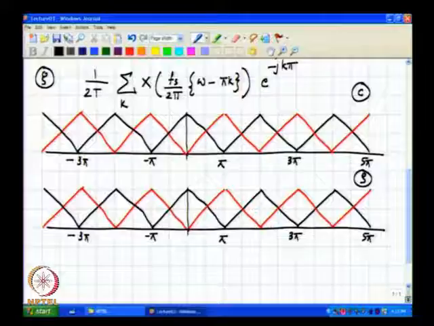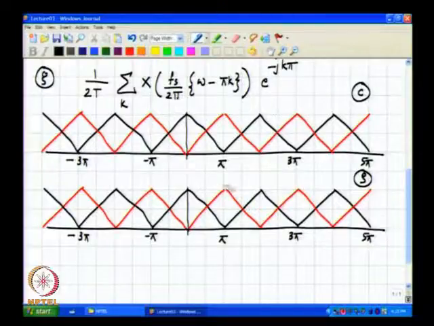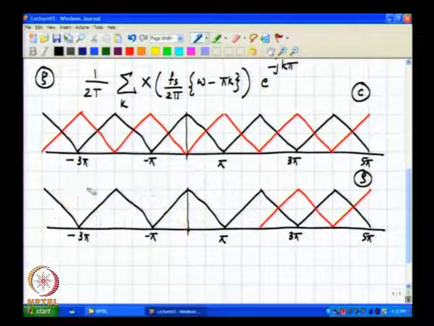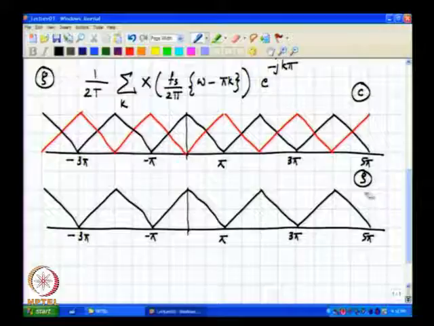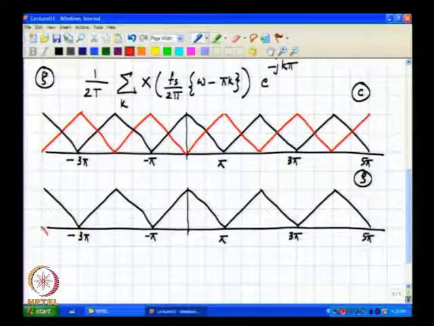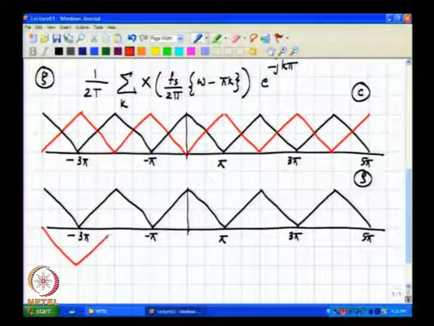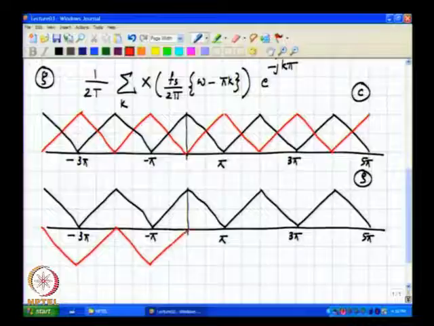The ones which you have shifted by pi are now inverted in sign.